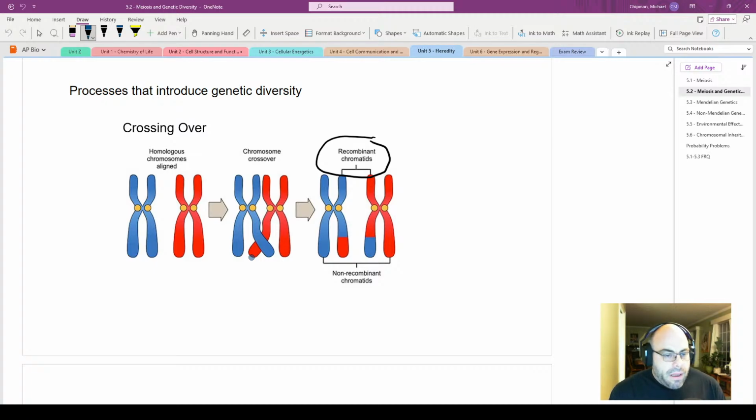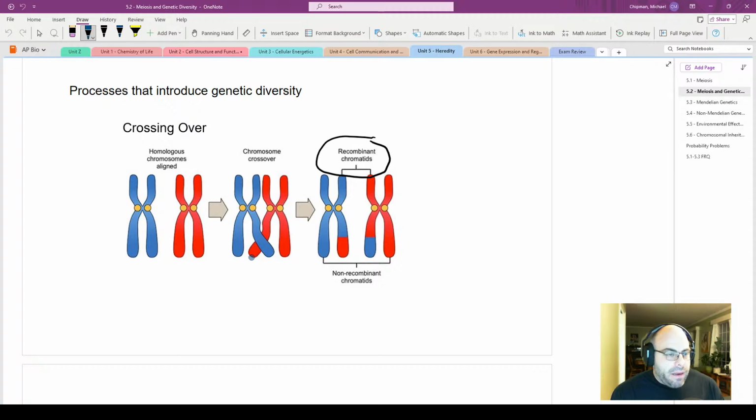Is by looking at what the inheritance pattern is. See if there's any patterns for males in particular, like if neither parent has it and only the males have it from then on, is a good way of thinking about it.